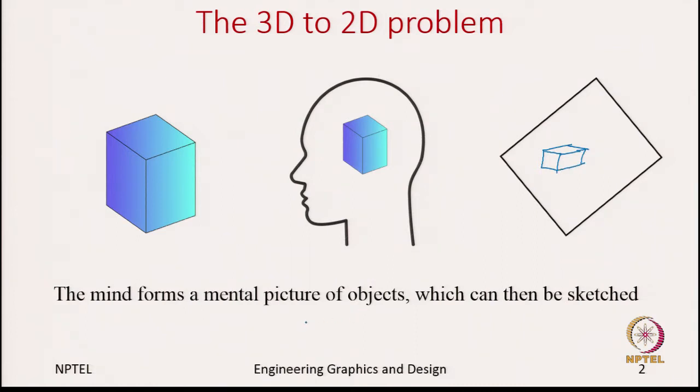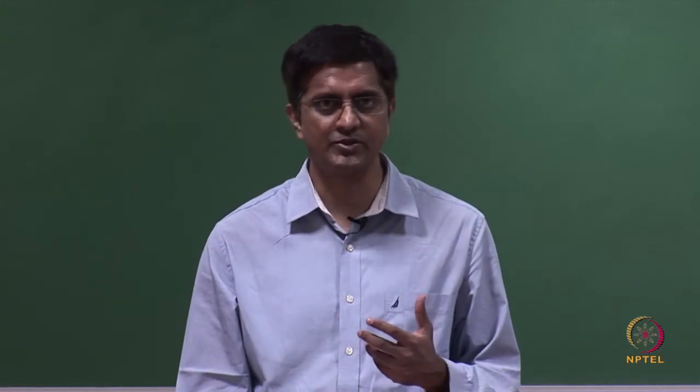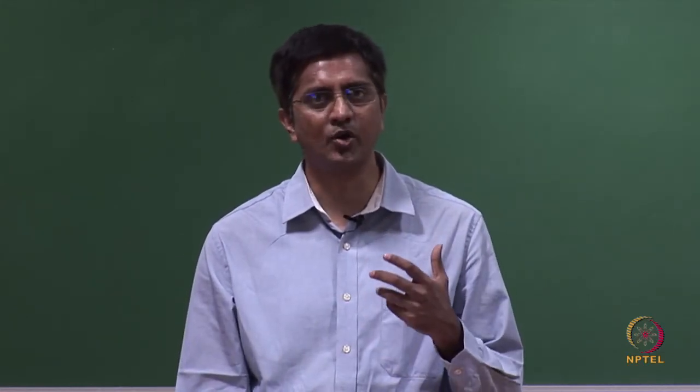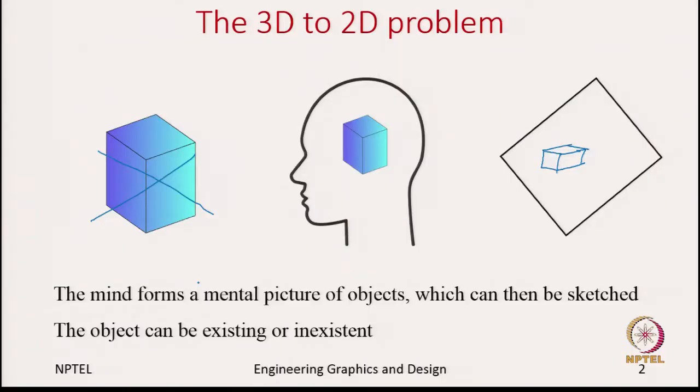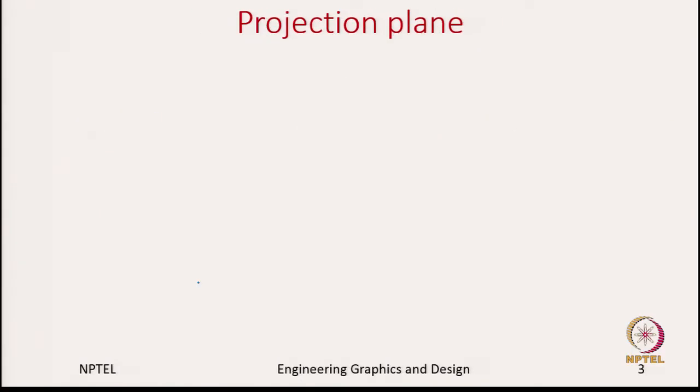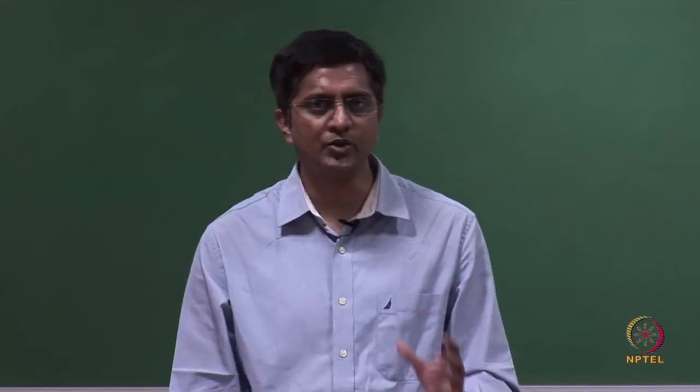What is interesting here is the mind is so powerful that you really do not need to have an object. Even if I do not have this object, the mind can picturize it, and then we should be able to draw it on a 2D sheet or the paper. So, let us see how to solve that 3D to 2D problem.